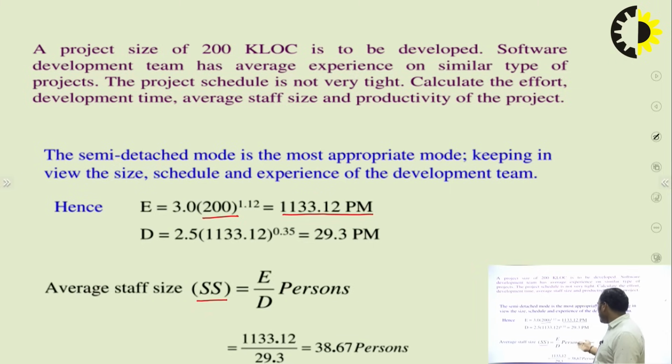As you know, you have calculated the value of E above, and you have already calculated the value of D here. So by putting these values, you can calculate the average staff size.